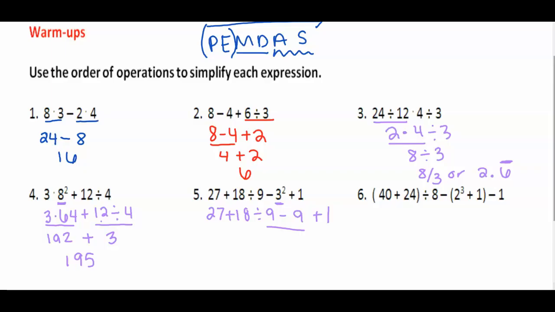But the problem is, before you have the 9 minus the 9, you have to take the 18 and divide it by 9 because division happens before subtraction. So it's 27 plus 2 minus 9 plus 1. So that's 29 minus 9 plus 1. So 20 plus 1 is 21.